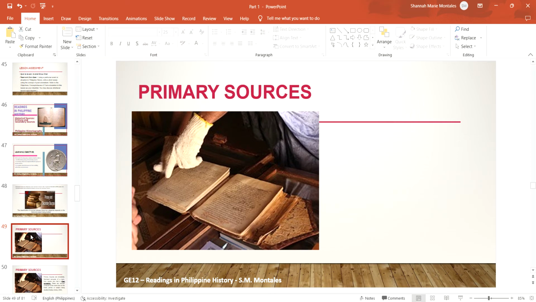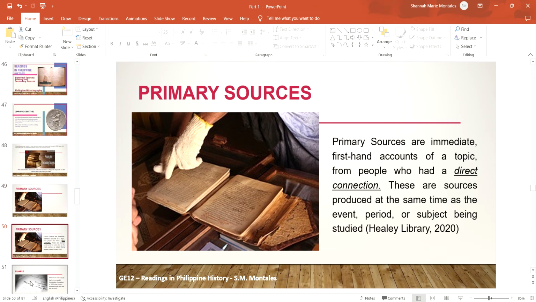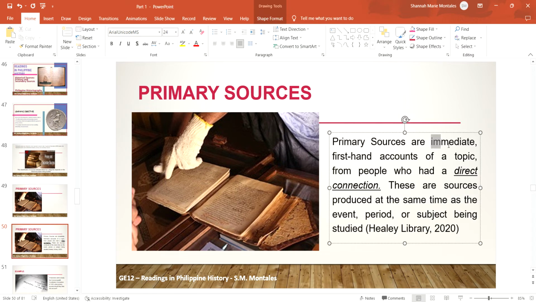Let's talk about primary sources. What are primary sources? Healy Library 2020 states that primary sources are immediate, first-hand accounts of a topic from people who had a direct connection.